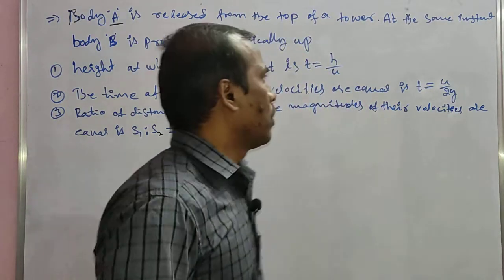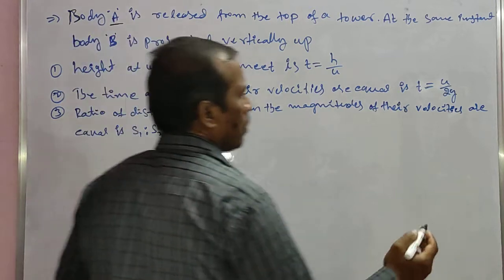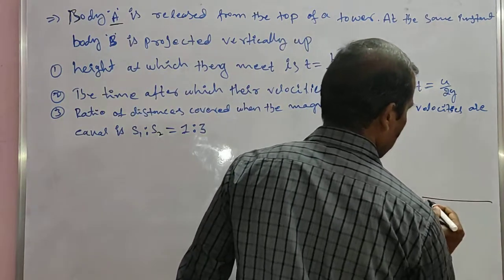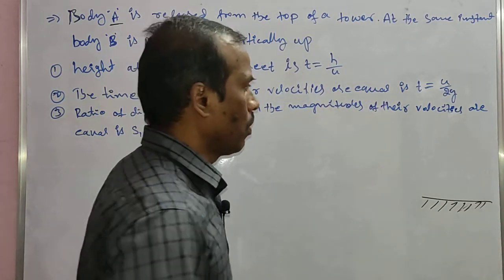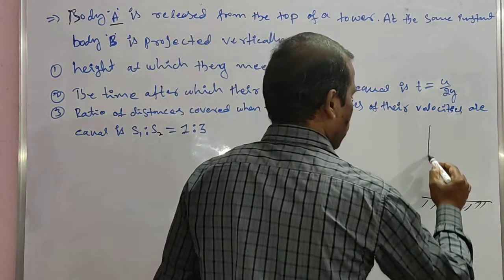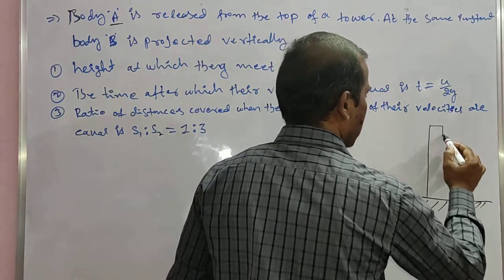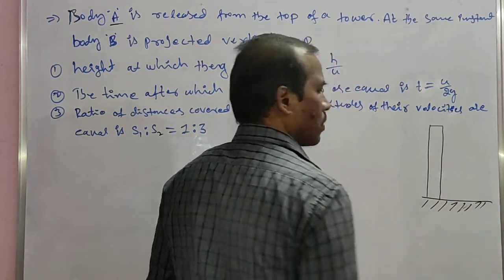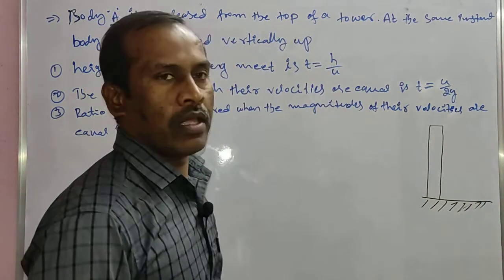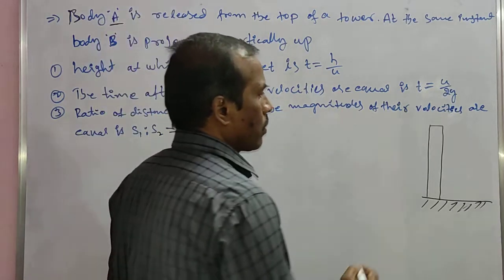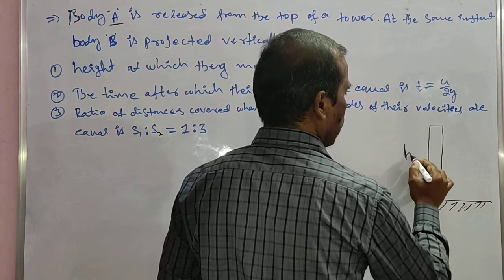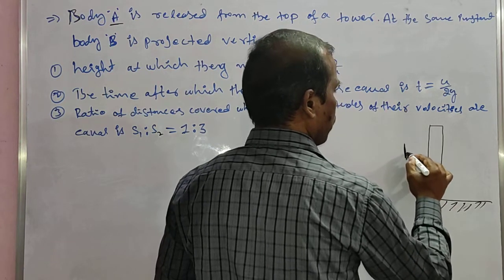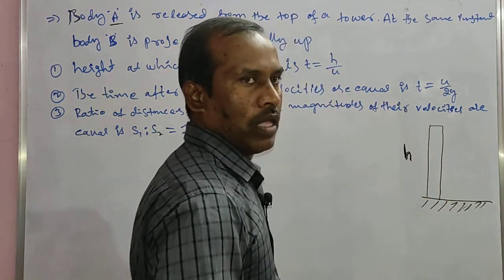Now first of all, listen, very simple. This is the surface, and this is the tower. Just imagine this is a tower, and the height of the tower is, for example, h.